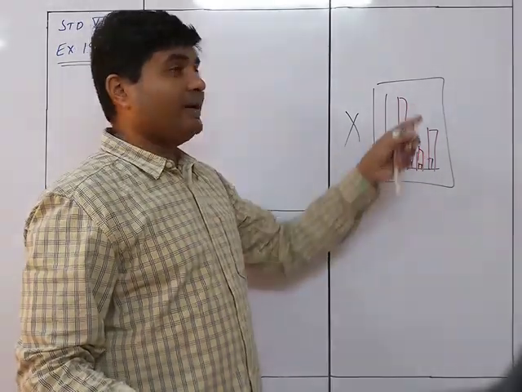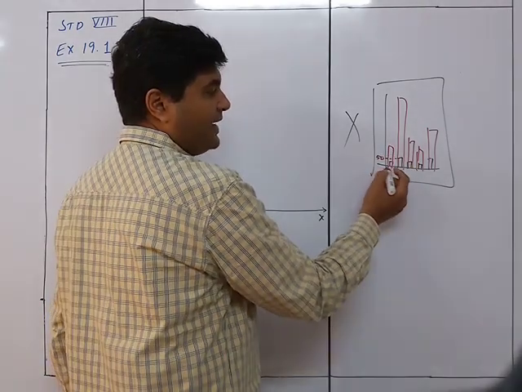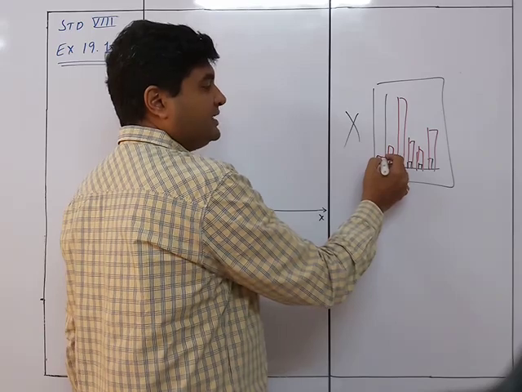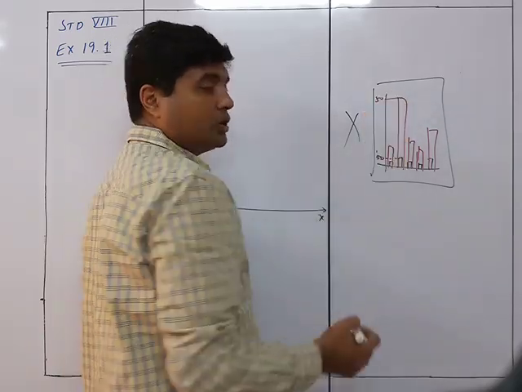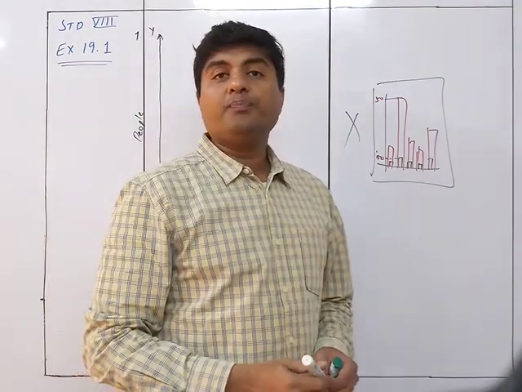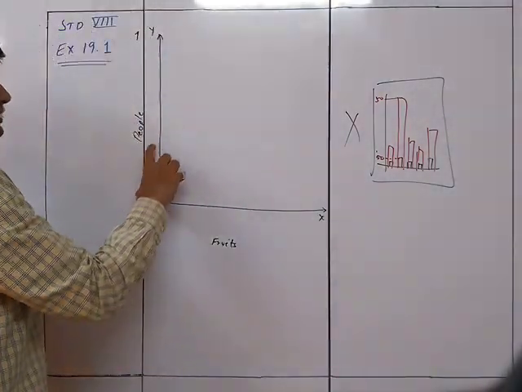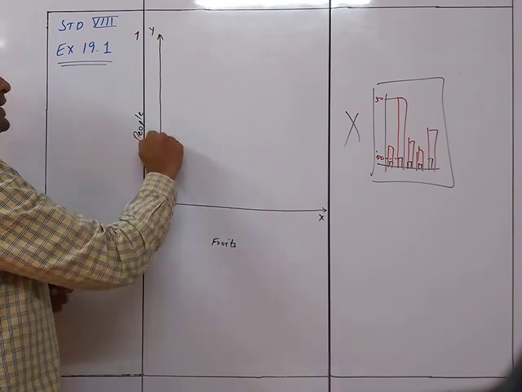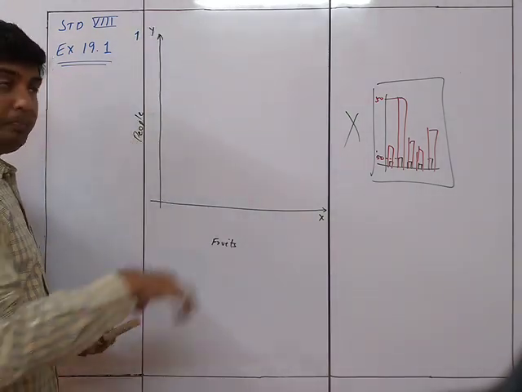You see here, if I take 10, 20, 30, 40, 50, I'll get only up to this much. But if I take 5, 10, 15, 20, 25, 30, 35, 40, then 50 will come at a bigger size.